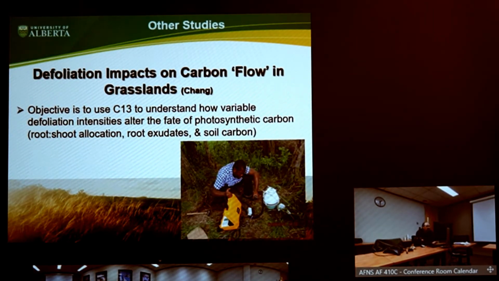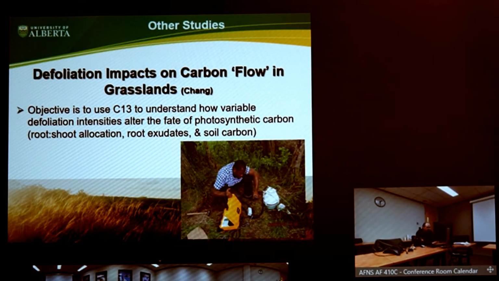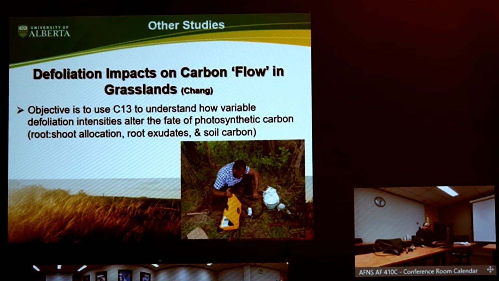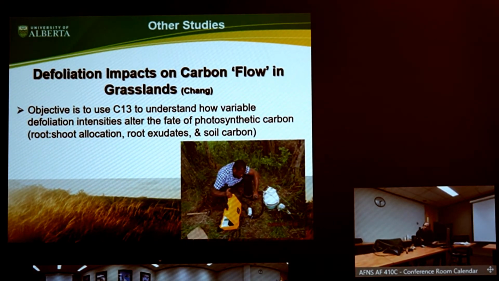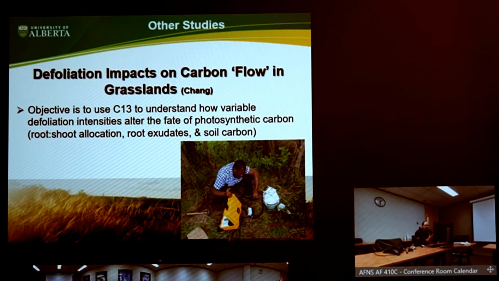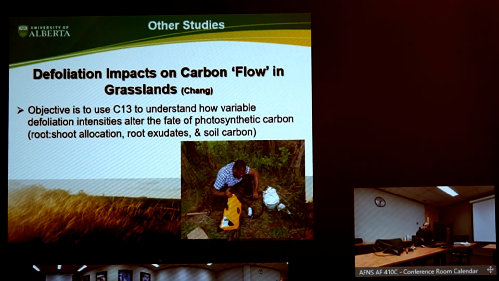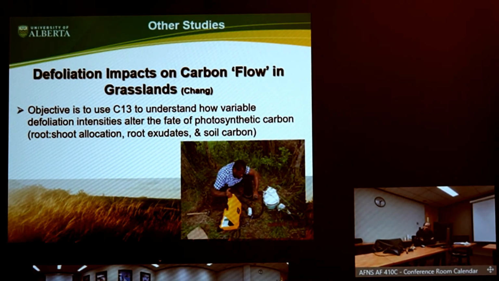And the last one is also looking at potential impacts of defoliation on carbon flow. And some of you may be familiar with a lady from Australia named Christine Jones. She's a big advocate of this notion of the liquid carbon pathway, that defoliation may trigger carbon release through deep exudates into soil from roots, and that in turn may feed soil microbes, and that may create a feedback loop that leads to significant carbon storage at depth.